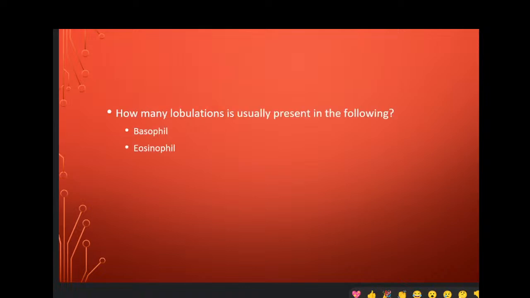How many lobulations are present in the following? For basophils and eosinophils, you'd normally see 1 to 2 for both. Okay? 1 to 2 lobulations. Why? It's sometimes hidden because of how large the granules are. All right. But if you look at it in an electron microscope... we're only talking about the morphological characteristics that I'm mentioning to you guys right now, how we see it in a 2D version.